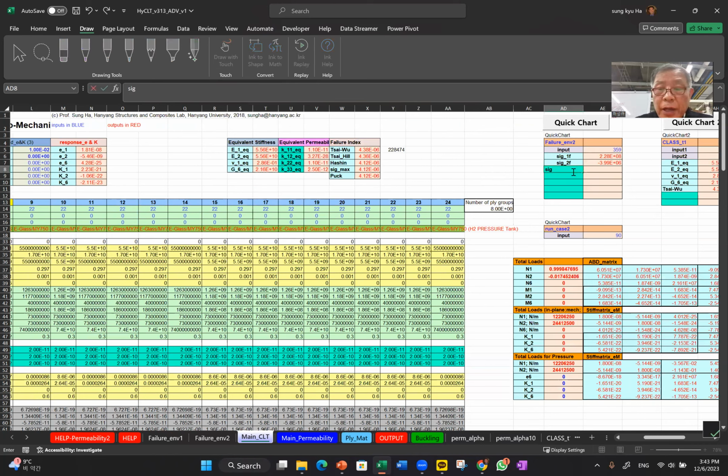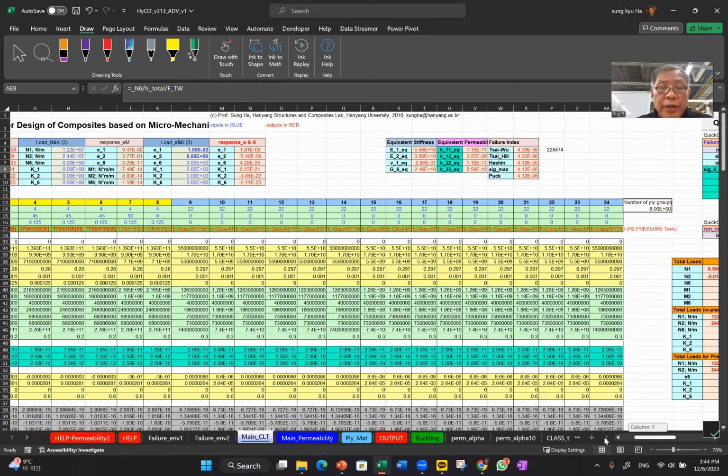I'll say sigma 3, sigma 6 failure, which cannot be plotted in 2D, but this can be a very similar concept. Just copy and paste here. Instead of N2, we just have N6, something like that, okay? So right now we consider only a 0 value.